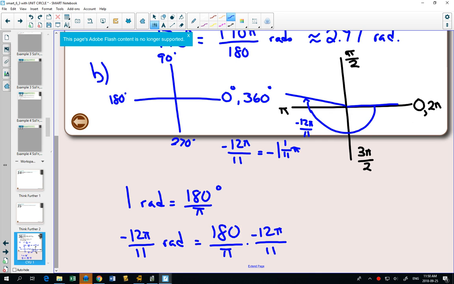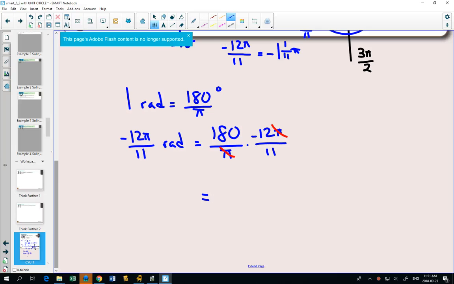What's going to happen with your pi's? You're going to simplify. And 180 times 12 is 2,160 over 11 degrees, which is approximately, how much of a rounding do they want me to do?